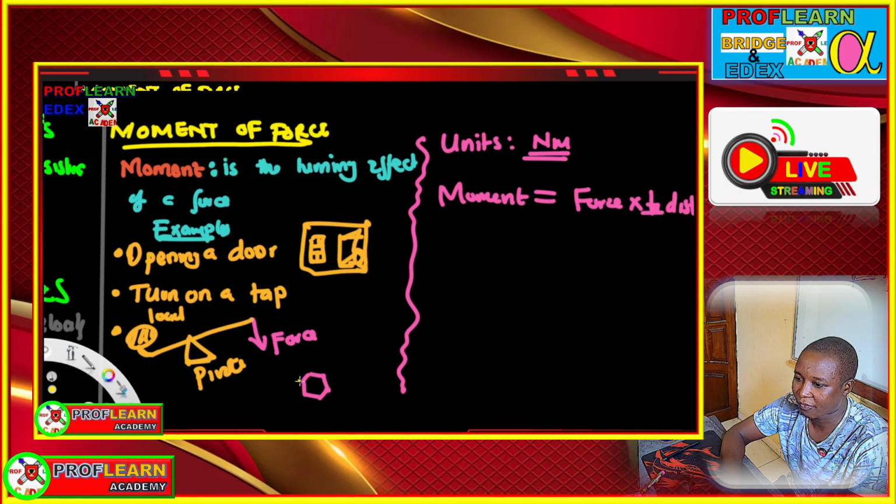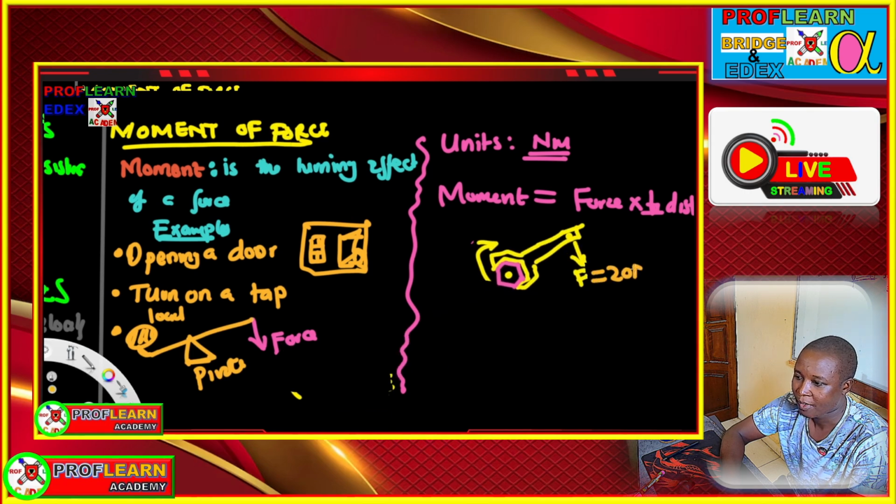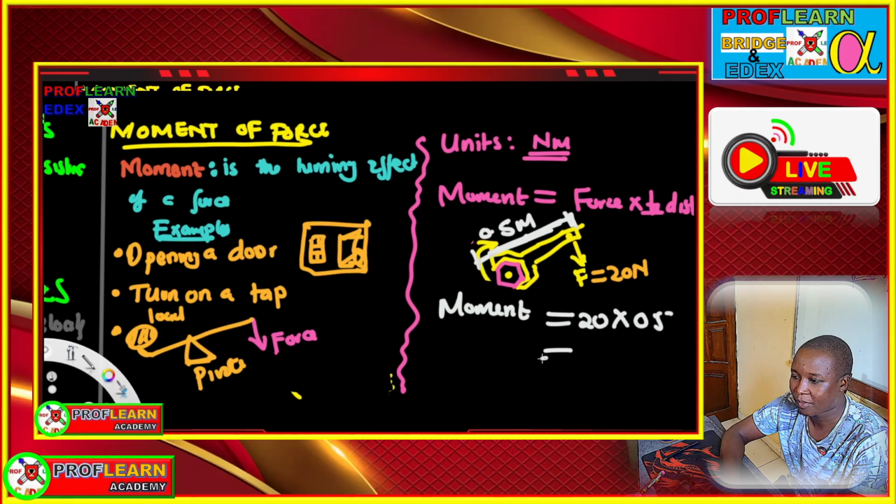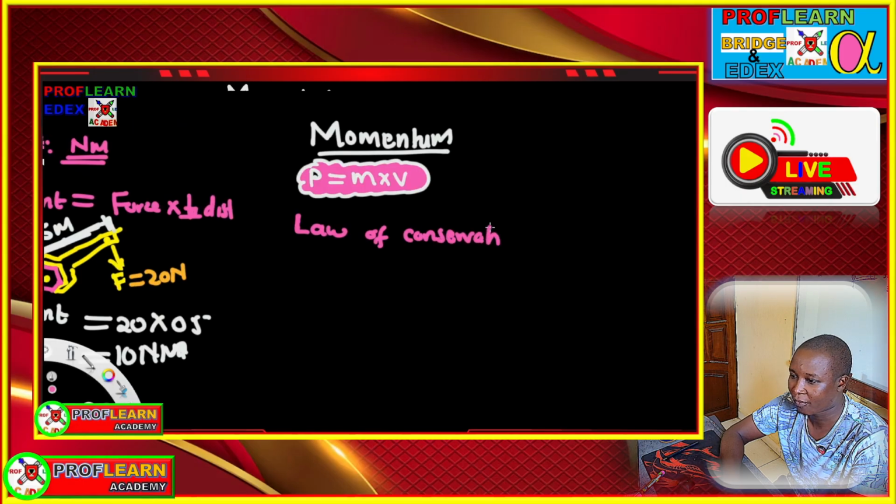For instance, if you have a spanner and you want to loosen a bolt, you apply a force and there will be a turning effect. That turning effect is a moment, and moment is equal to the force applied, 20 newtons, times the distance from where the force acts to the pivot.